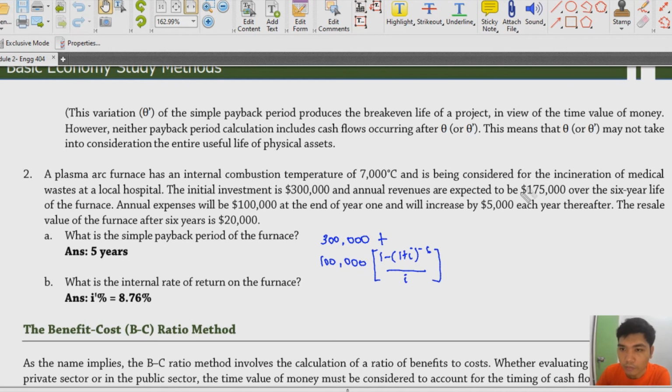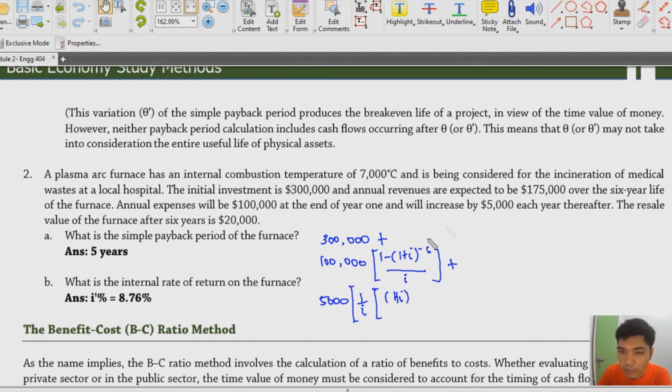Okay, and then we have another one which is the gradient. Now the gradient, we need to add this because this is also part of the expenditures. So we have 5,000 and then we have here our 1 over I which is unknown, and then we have to multiply this with 1 plus I raised to n.